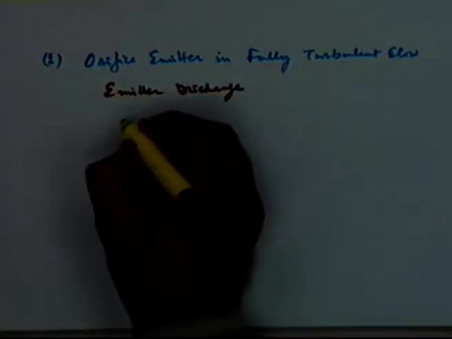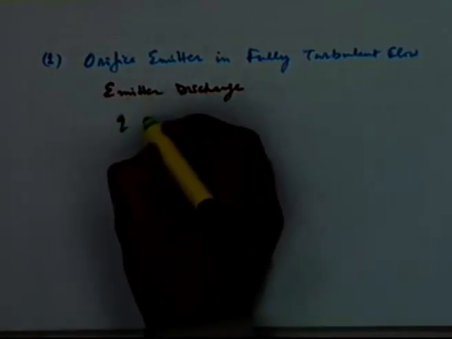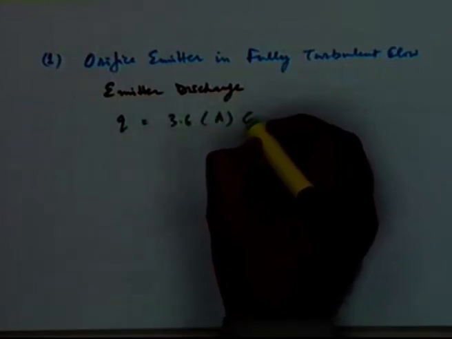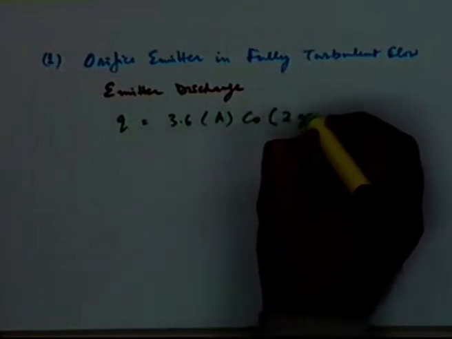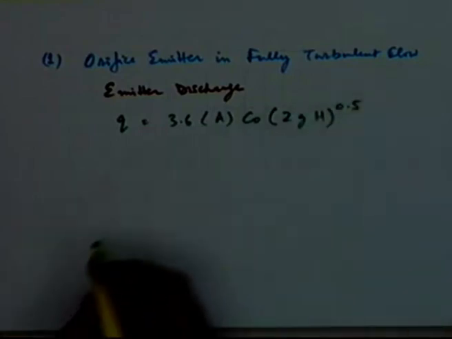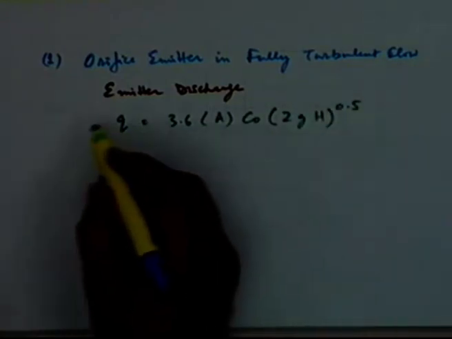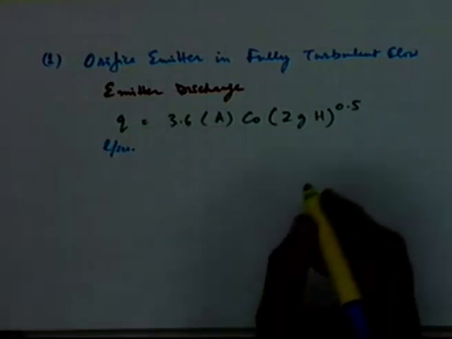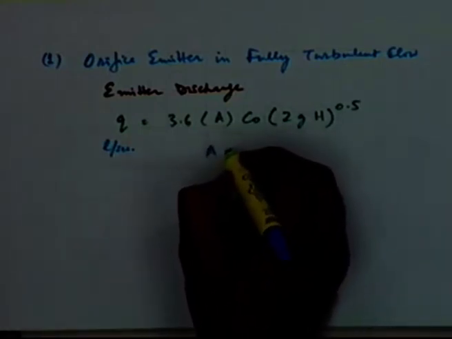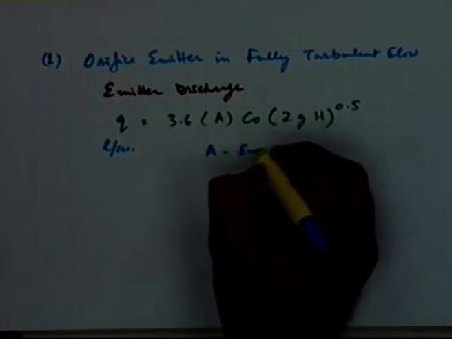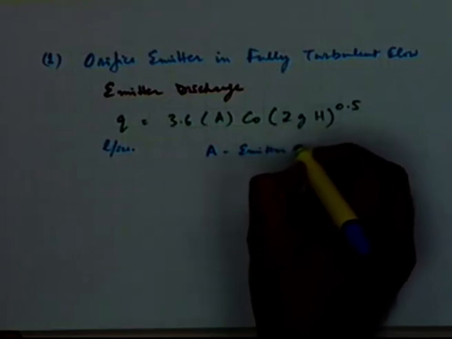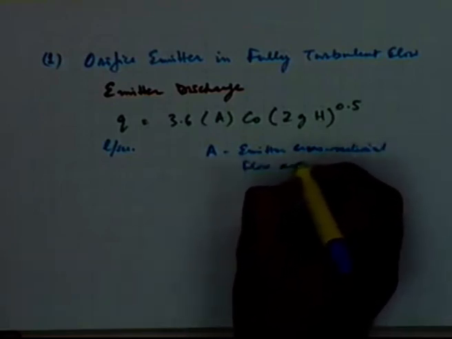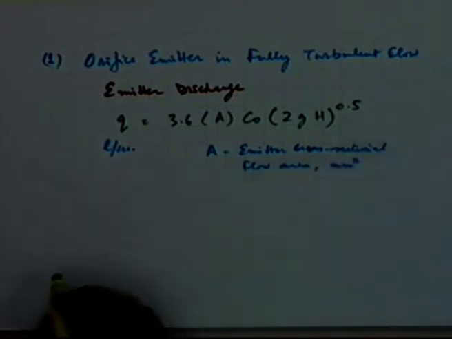If I designate the emitter discharge as small q, this is equal to 3.6 A C naught root 2gH, where emitter discharge is in liters per second, and A is the emitter cross-sectional flow area, in millimeter square.